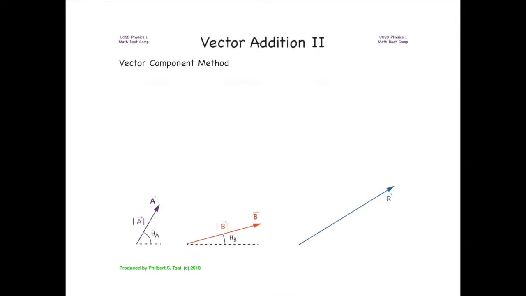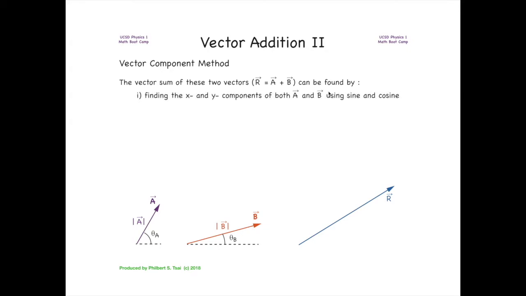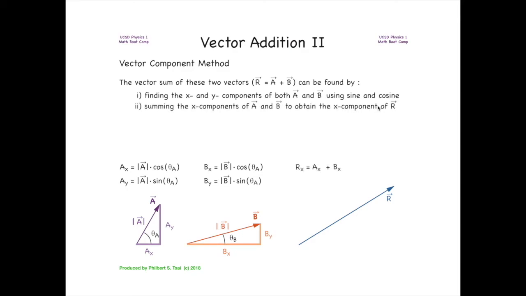To use the vector component method to add vector A to vector B, we first start by finding the x and y components of both the A vector and the B vector using our sine and cosine relationships. So for the A vector, we get the x and y components from the cosine and sine formulas. Similarly, for the B vector, we get the x component and y component using its magnitude and its angle.